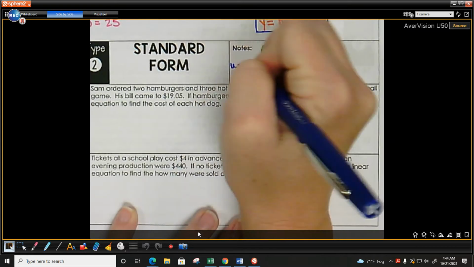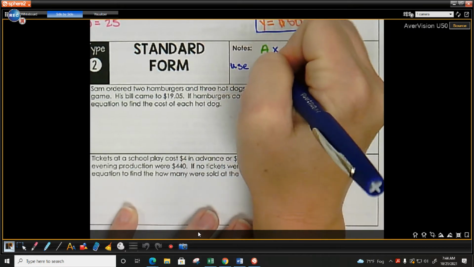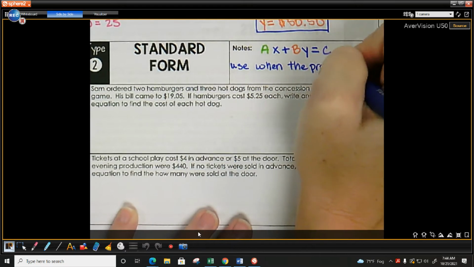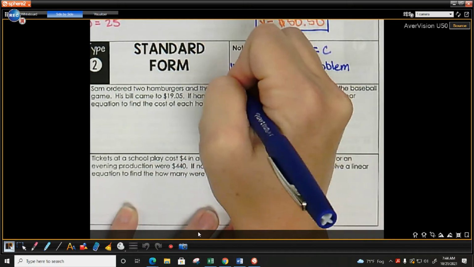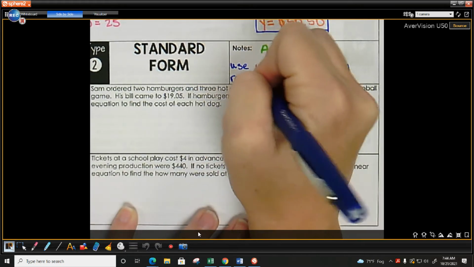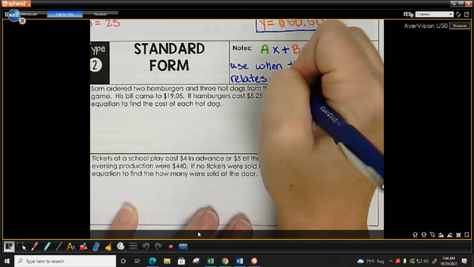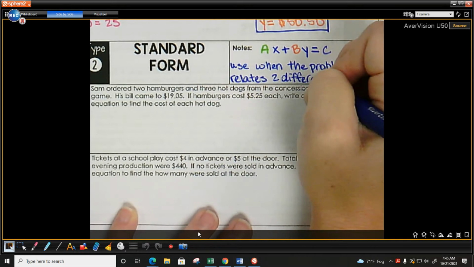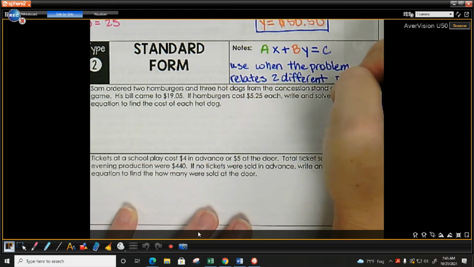You are going to use it when the problem relates to different objects.